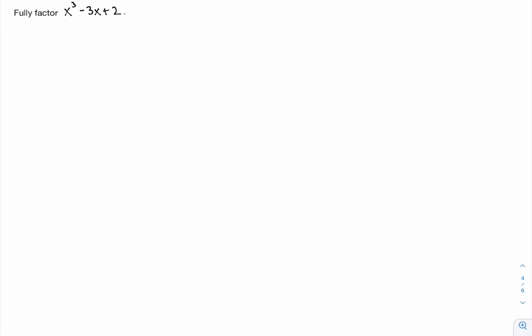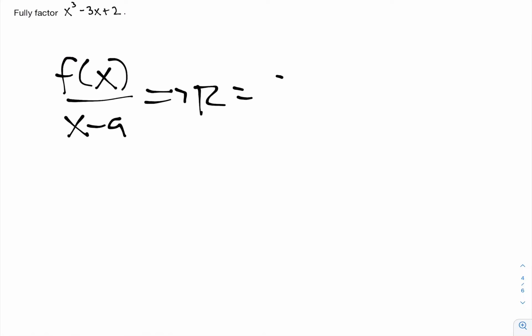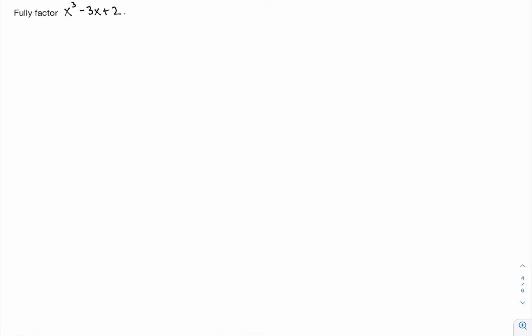So we know that if we have some function f of x, and it's being divided by x minus a, the remainder is going to be equal to the function evaluated at a. But I also said that x minus a was a factor of f of x if f of a was equal to 0. Right, so the first thing we have to do to try and factor this thing is think of what numbers can we plug in for x where this whole thing is going to become 0.